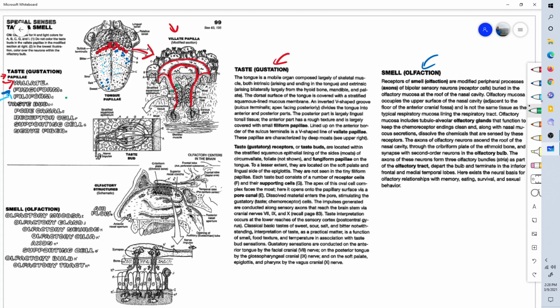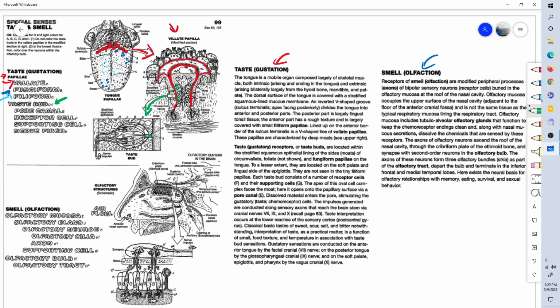You can see this little canal heading into the taste bud. Here are these little canals from the moat into the taste bud. And here's an exploded view of that taste bud. Here's the canal.